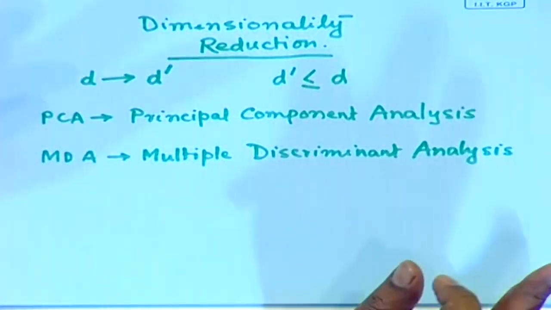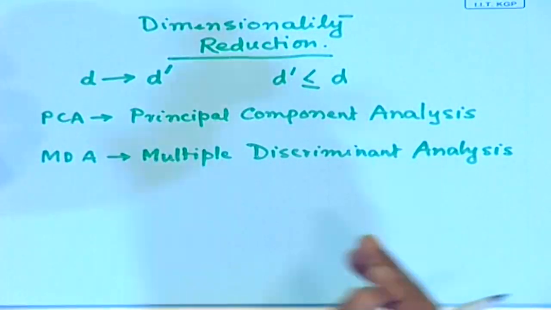So, the multiple discriminant analysis, what it tries to do is, when you take a projection onto a different feature space, it tries to separate the mean vectors of different classes, and at the same time tries to make the samples belonging to the same class more compact. That means, within class scatter is reduced, whereas between class scatter is increased.